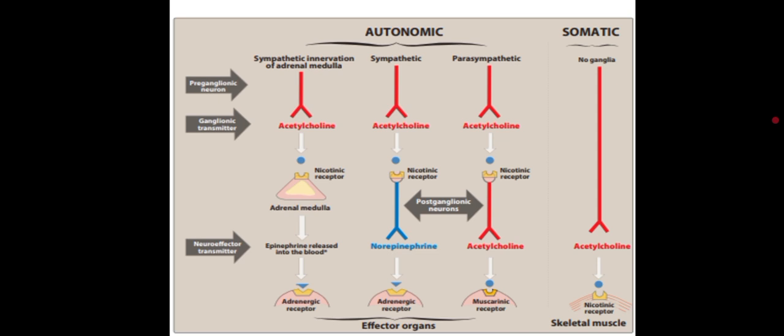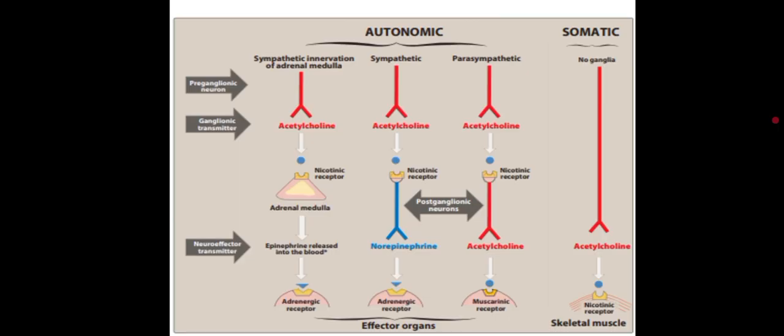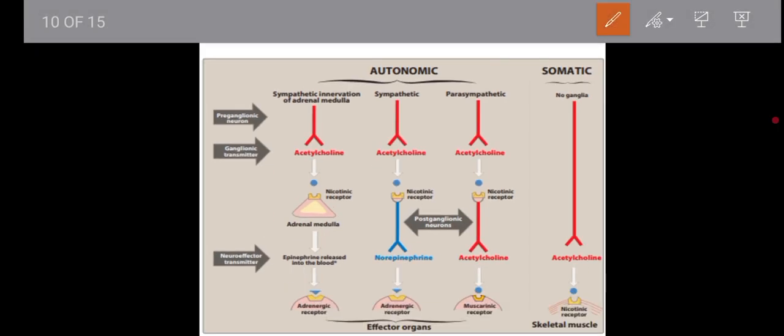Here is a diagram from Lippincott Pharmacology. Here you can see somatic innervation. In somatic, there will be no ganglia. There will be a single neuron innervating the skeletal muscle. And here is the NMJ, neuromuscular junction.